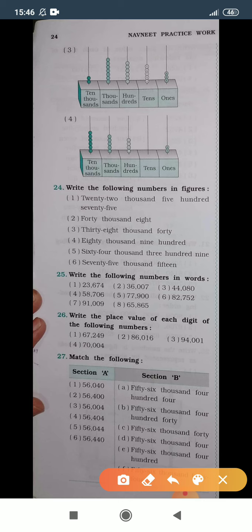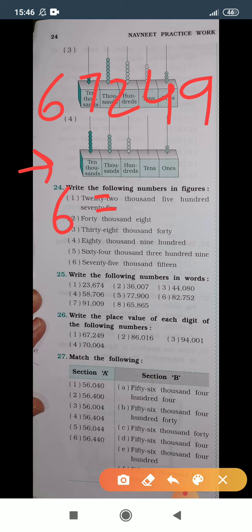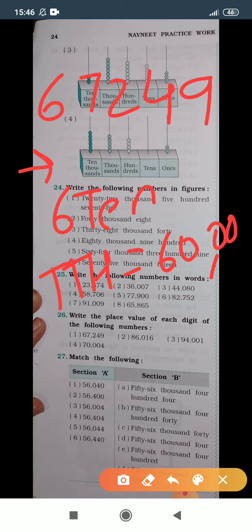You can solve this in your notebook like this. 67,249 is your question, and in the answer you need to write 6 equals 6 times 10,000 equals 60,000.